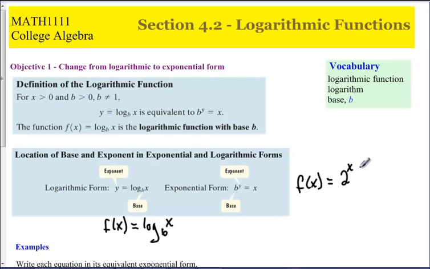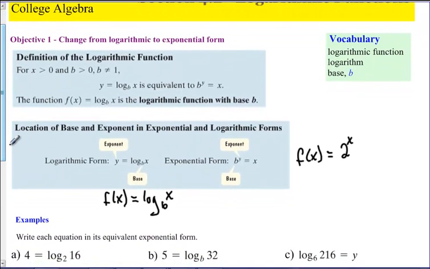So if we wanted to change from our f of x equals 2 to the x, instead of f of x, I'm going to just pick a number. We'll call it 7 equals 2 to the x. If we want to go from this exponential into a logarithmic form, log base b, so base, this is going to be log base 2.